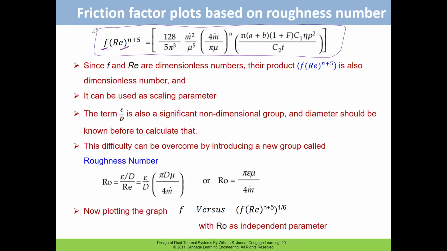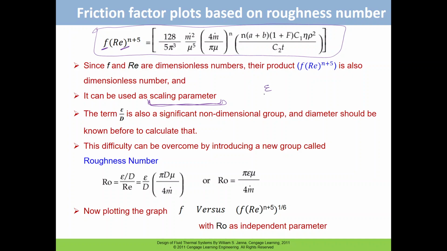Same thing happens with the friction factor. And here most of the quantities, like the mass flow rate, are dimensional quantities. So these are the two non-dimensional numbers, and the multiplication again makes it non-dimensional. When we have a non-dimensional parameter, it can be used as a scaling parameter.